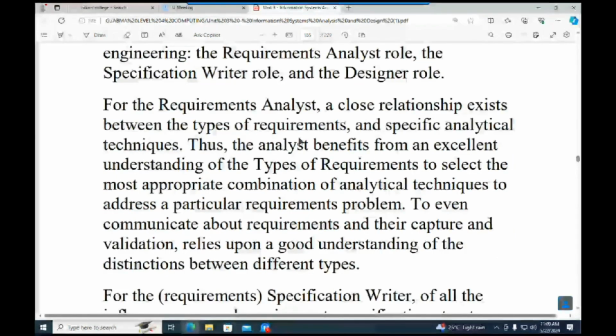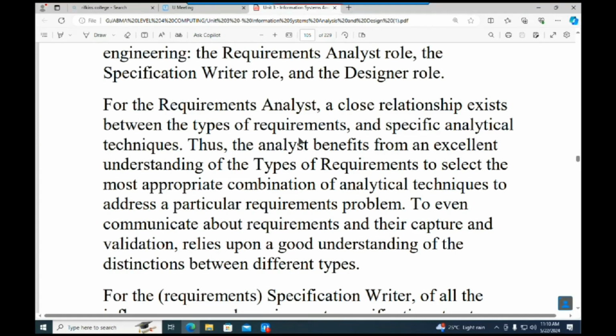So for us to have the requirements analysis, actually, when we look at the requirement analysis, we need to look at an existing close relationship between the types of requirements that it is going to handle and the specific analytical techniques that are going to be used to handle these various requirements.